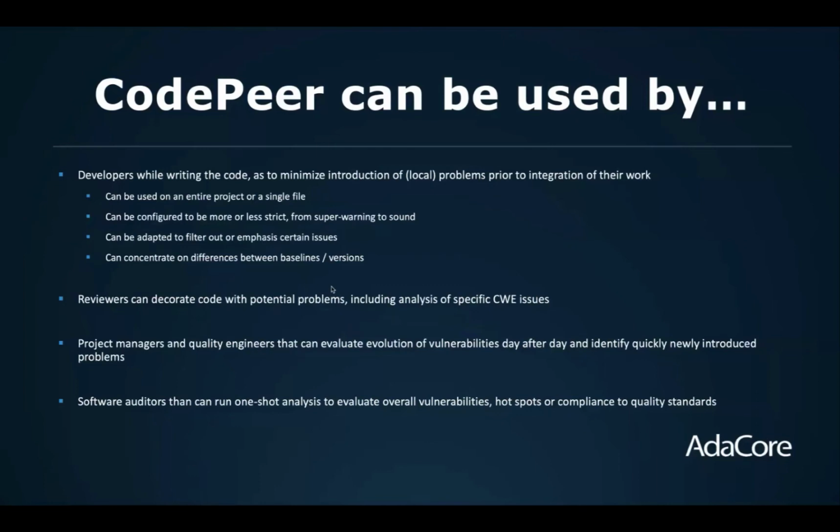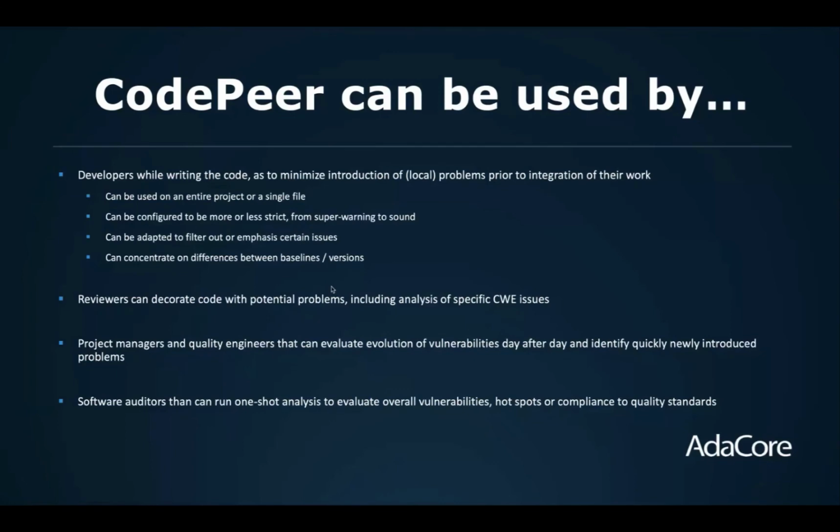The way you do that is by changing the analysis level. The analysis level goes from 0 to 4. Let's start at 4. The analysis level of 4 keeps the abstract syntax tree in memory at once and does not partition the tree. In cases where you have medium to large code bases, we do not recommend this because the CodePeer tool is going to run out of memory and crash. That's not what you want.